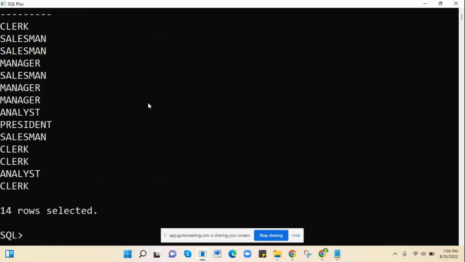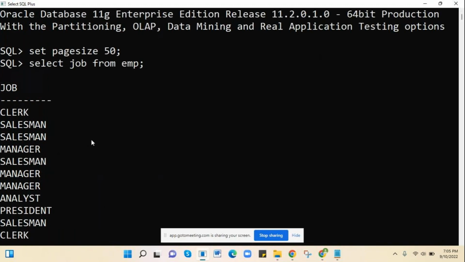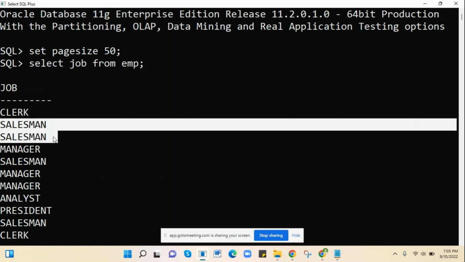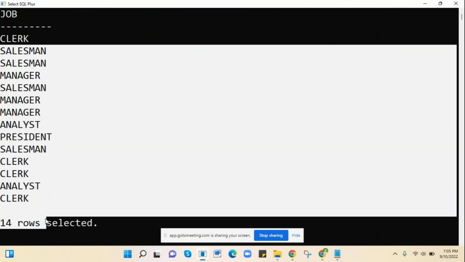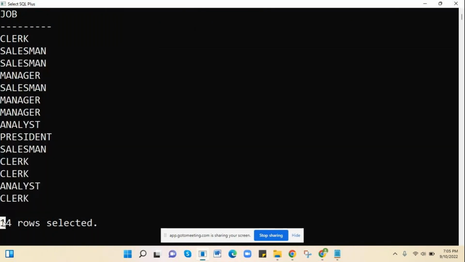Designations. Okay. It will give the 14 jobs information. Why? Because I have 14 employees. Clerk, salesman, manager, analyst, president, like that. But it will show 14 rows. Why? Because I have 14 employees in my table.